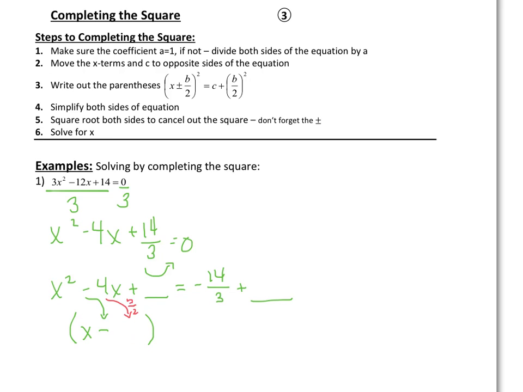So half of 4 would be 2. And then I want to square half of b. So 2 squared would be 4 is what I'm going to fill in the spot on both sides of the equation. And then I'm going to simplify this side of the equation.